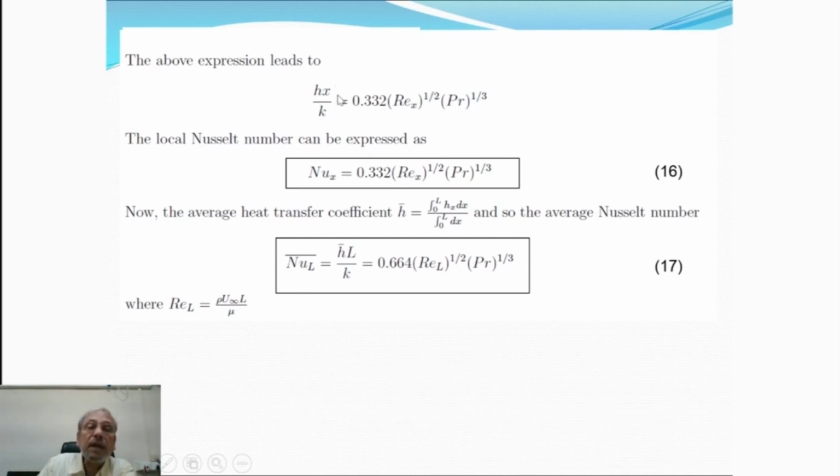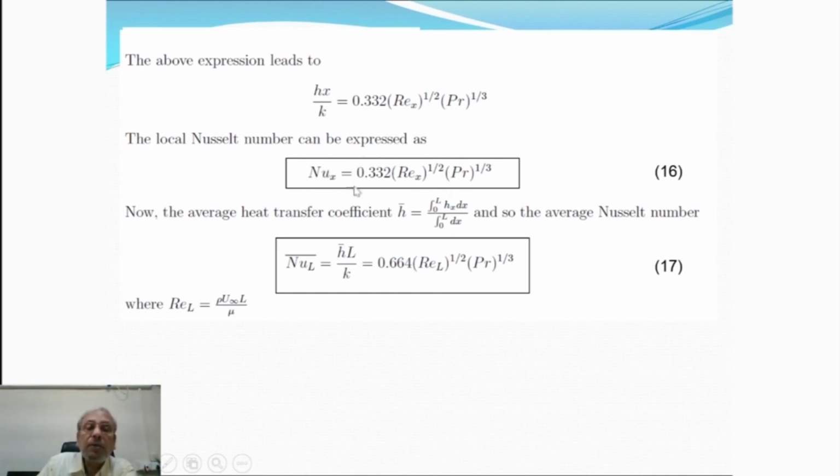So the local Nusselt number, that is the Nusselt number at any x from the leading edge, is given by 0.332 Reynolds number at that x to the power half into Prandtl number to the power 1/3. And this is quite similar to the expression that we obtained from, again, the series solution, which was finally called Pohlhausen's solution.